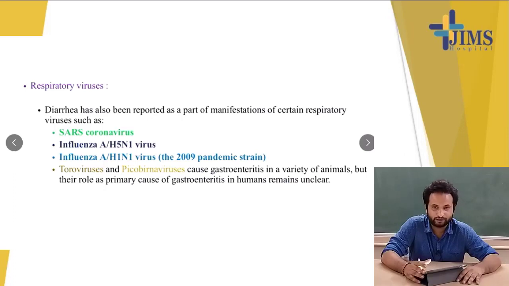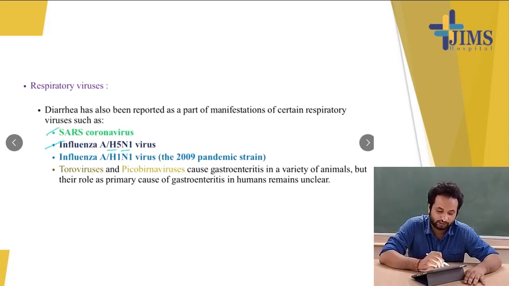Then other respiratory viruses may also cause diarrhea, which includes first of all the coronavirus, SARS coronavirus. Then influenza A virus, which is your H5N1 virus. Then influenza A 2009 pandemic strain, which is your H1N1.